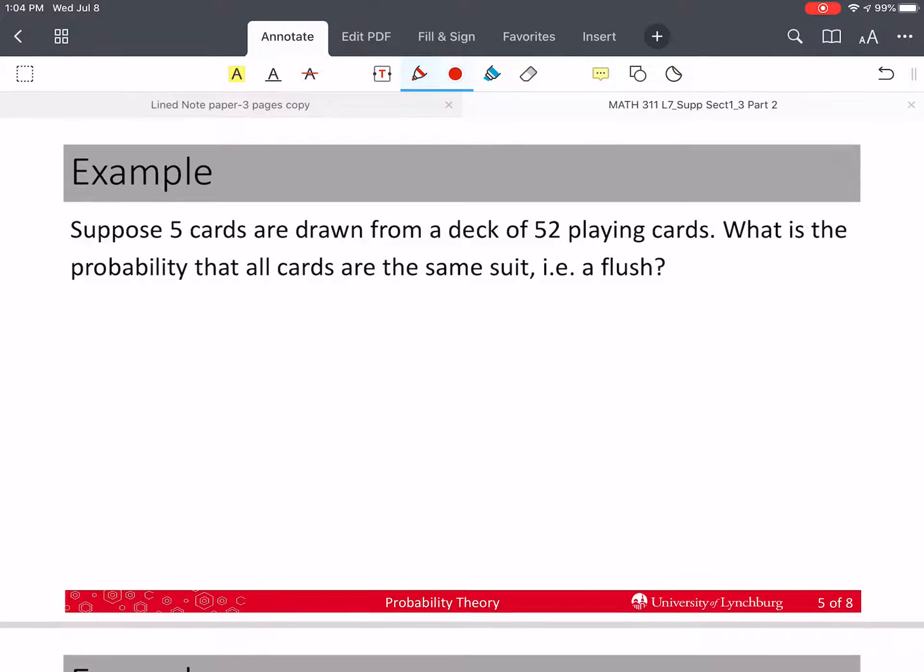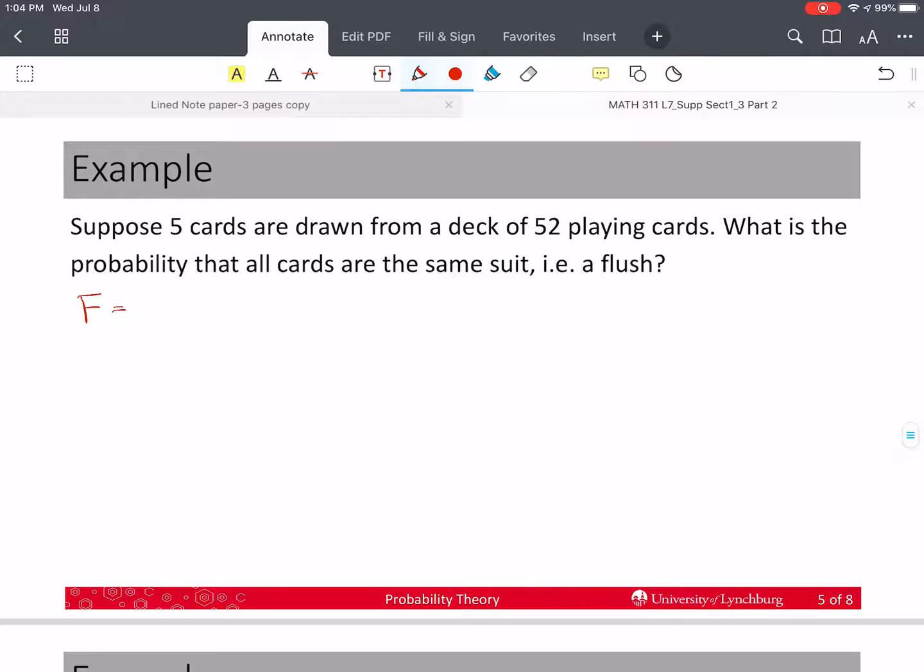So let F be a flush. Now a flush is that they have the same suit. There are 4 suits, so there are 4 ways. I can have 5 spades, 5 hearts, 5 clubs, or 5 diamonds.